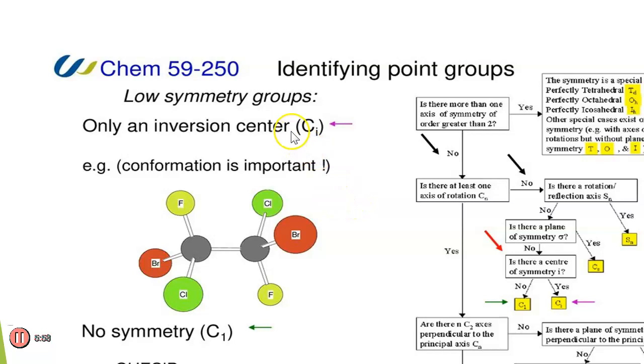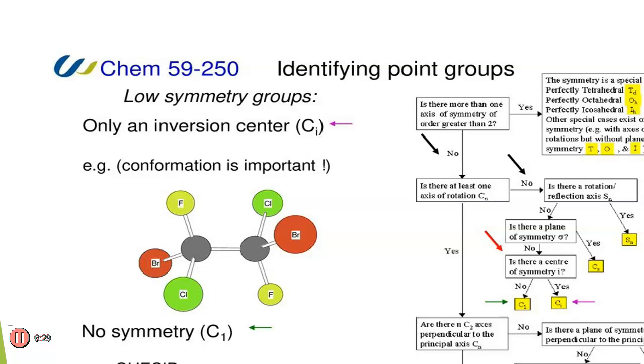And if it contains an axis of rotation Cn, such as C2, C3, etc. (C4 and above would be the higher order case we considered earlier), the answer is yes. Then check whether there are n C2 axes perpendicular to the principal axis Cn, where n is equal to 360 divided by theta.